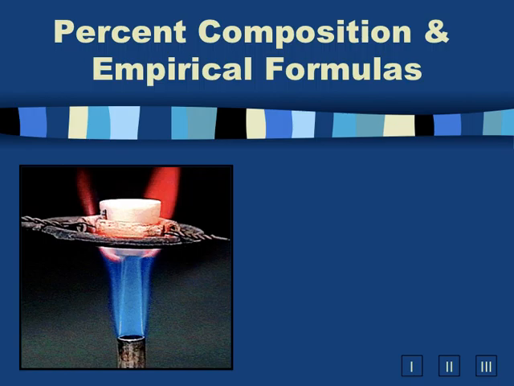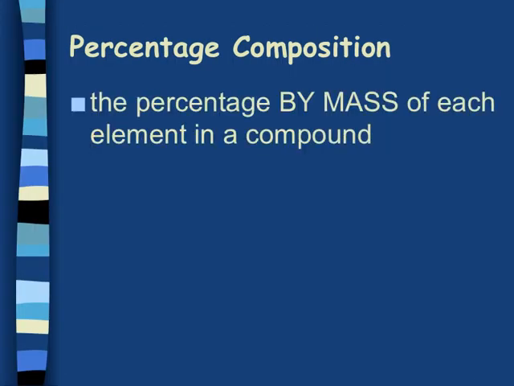Well, we're going to do this with chemistry things. So chemists tend to make new compounds, and then they need to analyze those compounds and make sure that they really are what they say they are. So percent composition for chemistry is the percentage by mass of each component within the compound.